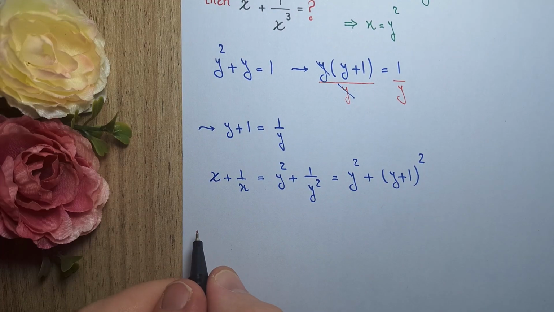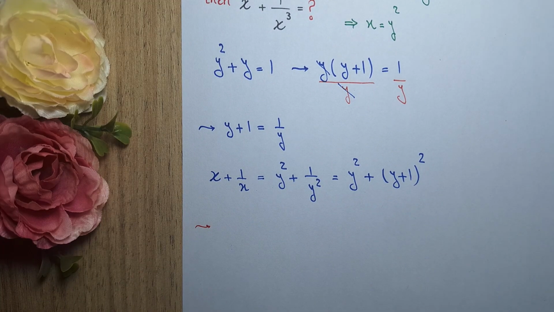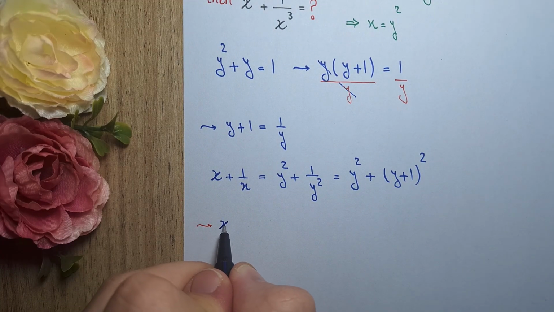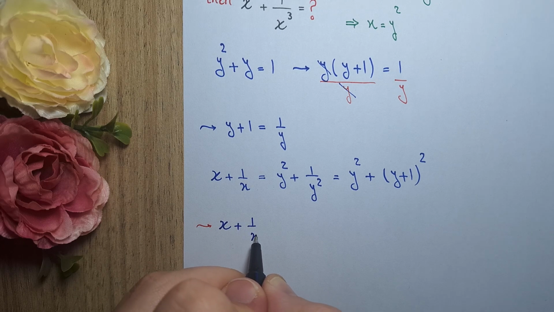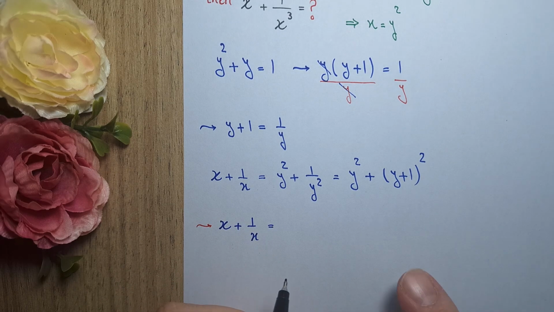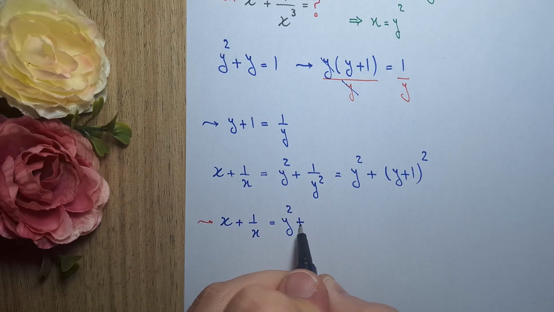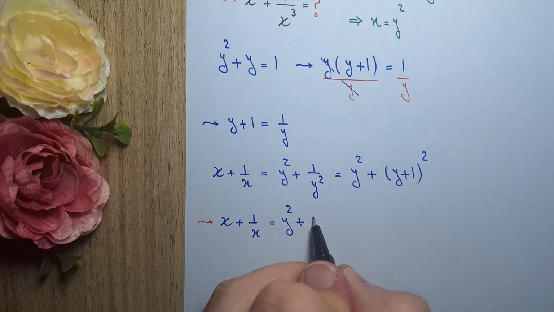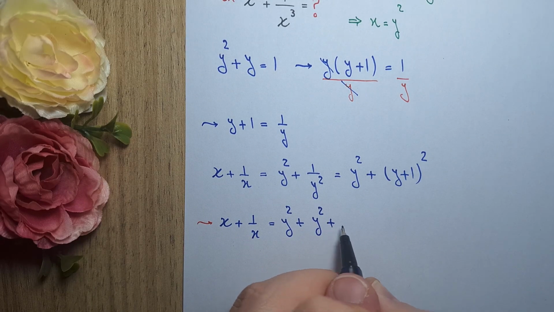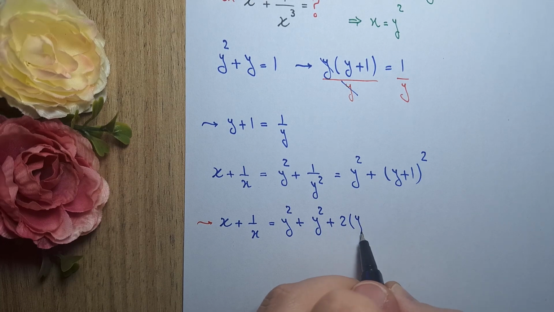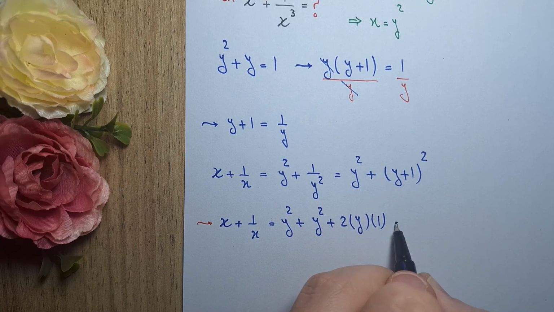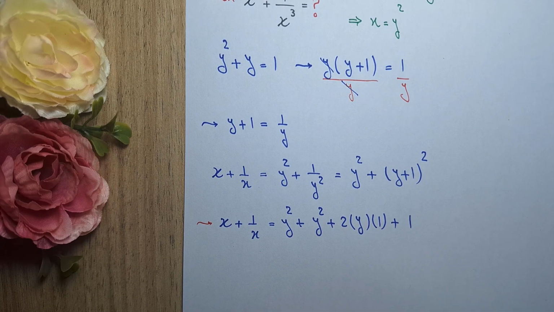Let's rewrite this equation. We have x plus 1 over x equal to y squared plus, instead of this term, we can write y squared plus 2 times y times 1 plus 1 squared, or 1.